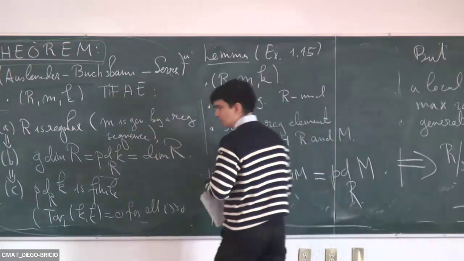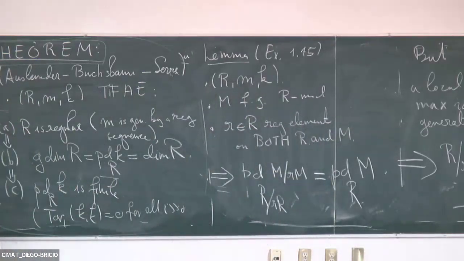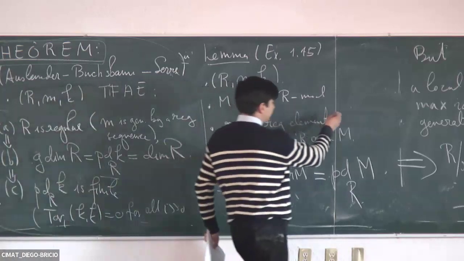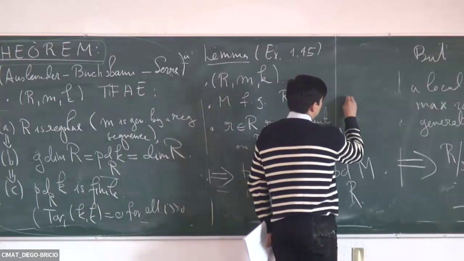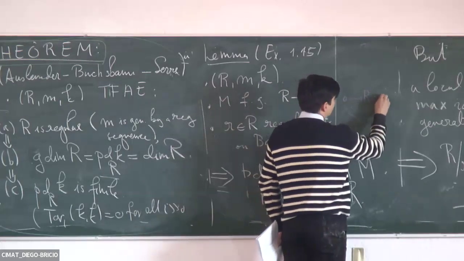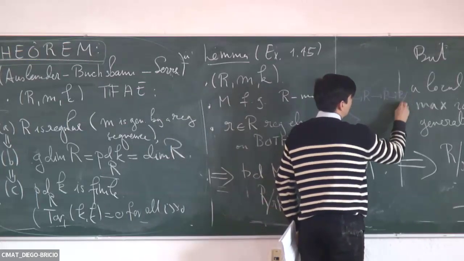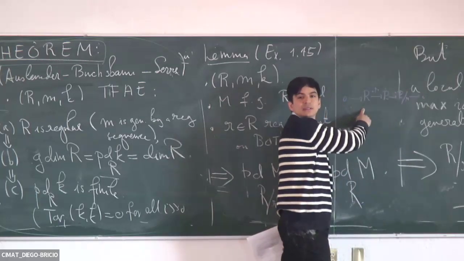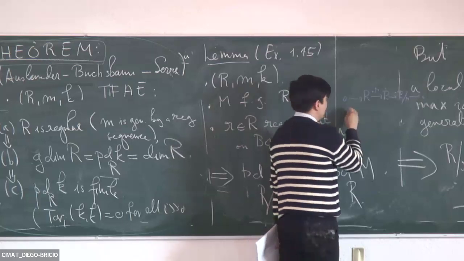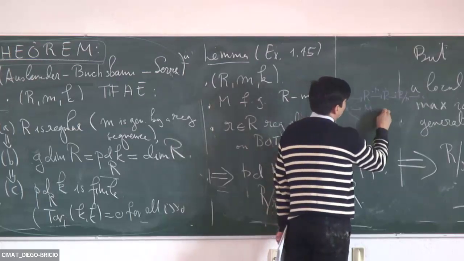Let me do it in purple. This means that you have two exact sequences, right? You have R, multiplication by r, R, R modulo r. That's an exact sequence. That's what being a regular element means. And also for M.